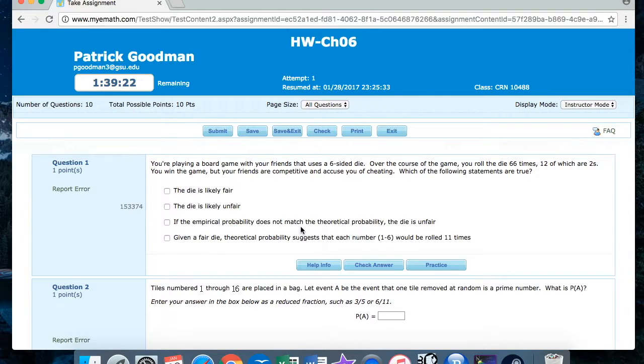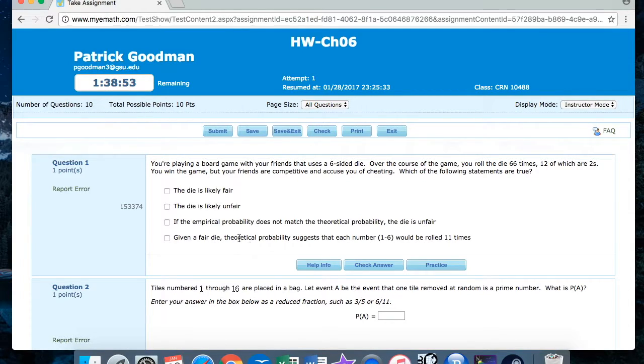Now this is a good time to know the difference between theoretical probability and empirical probability. Empirical probability is kind of like hard evidence. Once you go through it enough times, it would be like, hey, I rolled a die 300 times and the number 5 showed up, I don't know, 40 or 50 times. That would be something empirical.